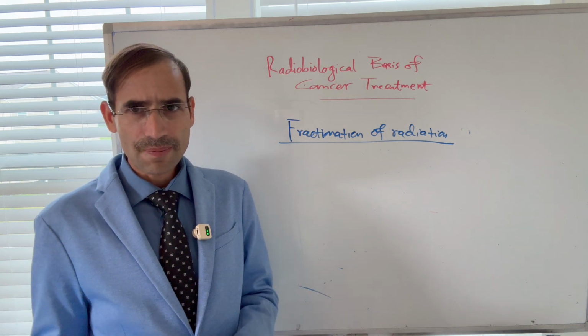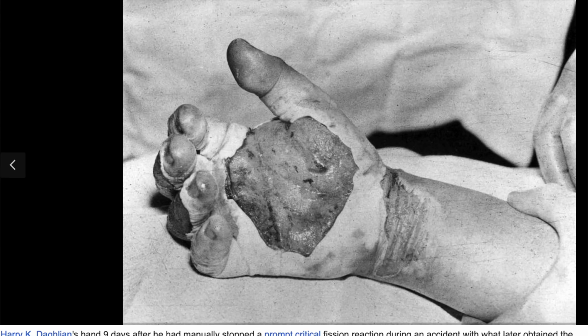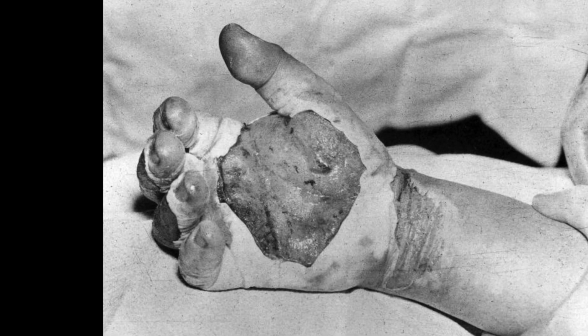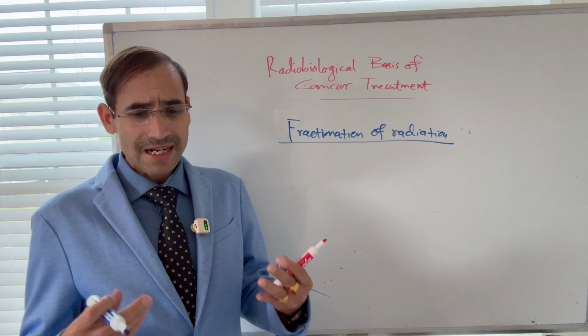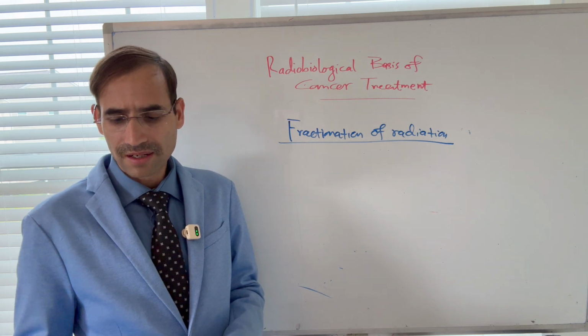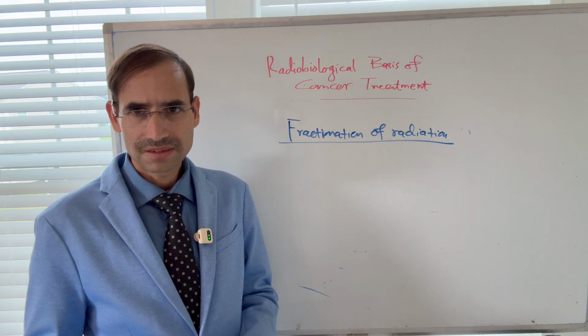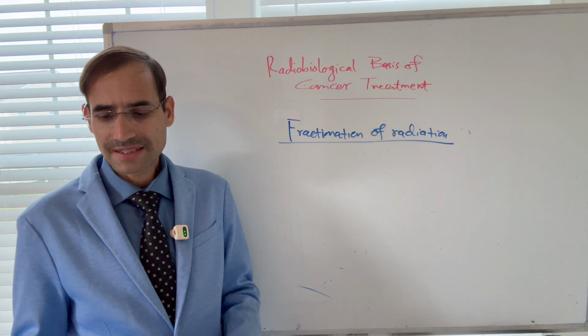In the acute effect, we can see skin redness. You apply the radiation, and the skin tone becomes red. Skin redness, you feel fatigue, you may be irritated. These are the acute effects. But there are also late effects, for example fibrosis, maybe organ damage, maybe even secondary cancer.